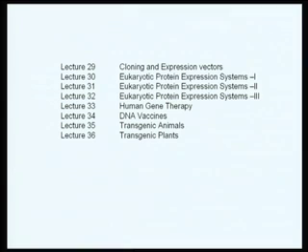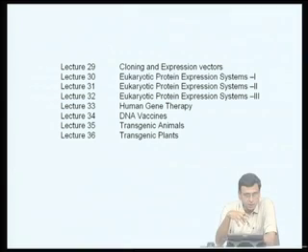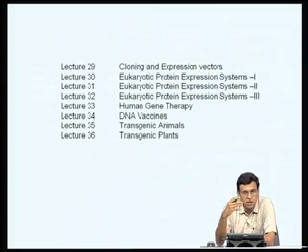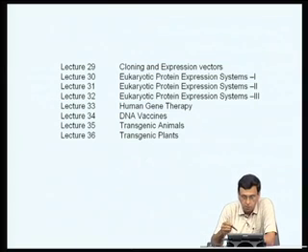The reason why this topic is very important is that if you look at the lectures that we have covered in the last 7 or 8 lectures, we started this part of expression systems series of lectures by looking at how you can express genes in E. coli, and then we discussed how we can express genes in yeast cells and insect cells. Then we discussed various eukaryotic protein expression systems, how we can express genes in mammalian cells.